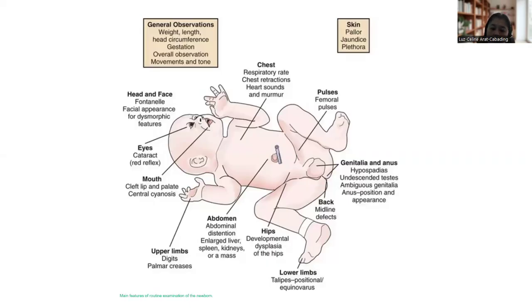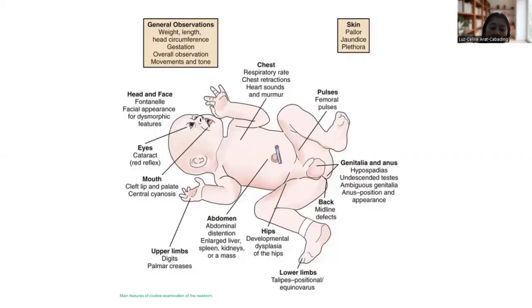We look at the limbs. We look at the fingers, the toes, and see if there's 5 of them on both sides, or are there extra ones or missing ones. We look at the anus. Is it open, or patent? If it's a male, we look at the testicles. Are they in there, or do we have undescended testicles?